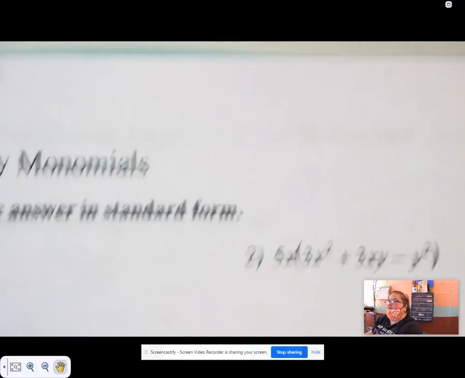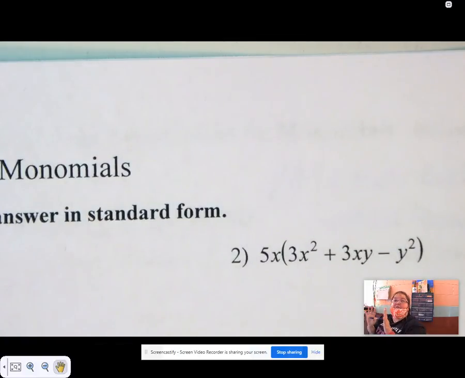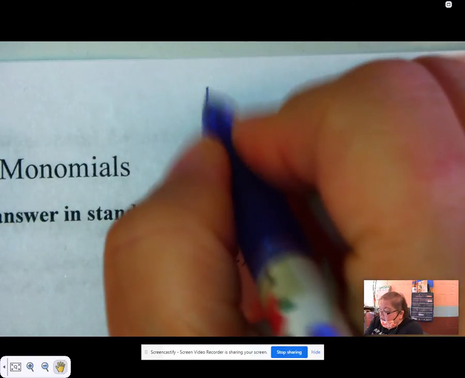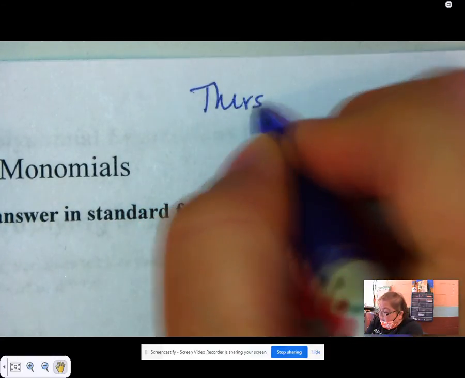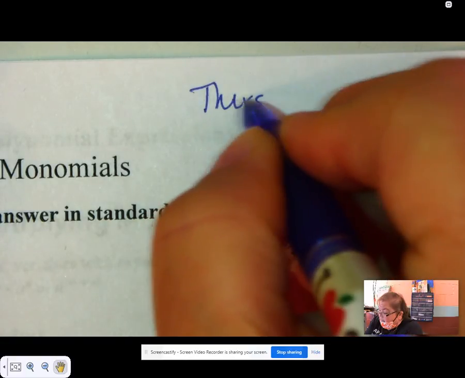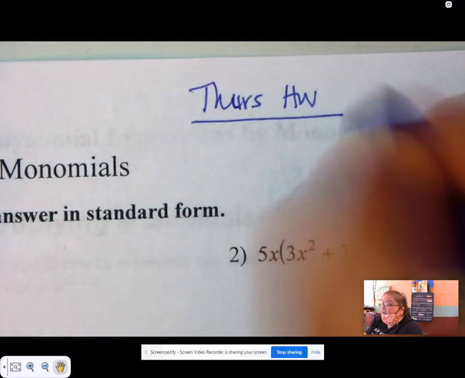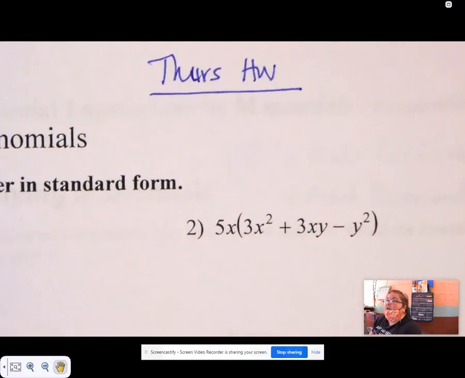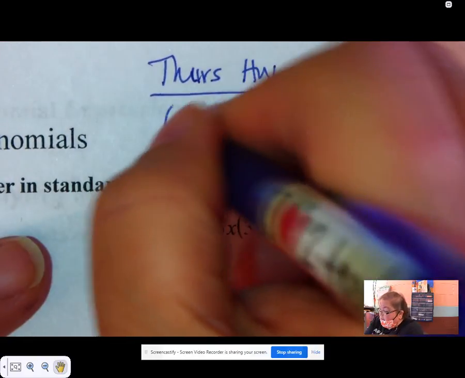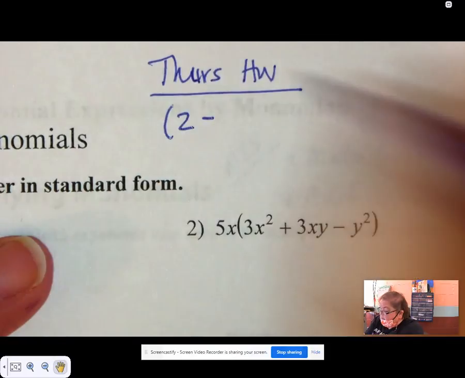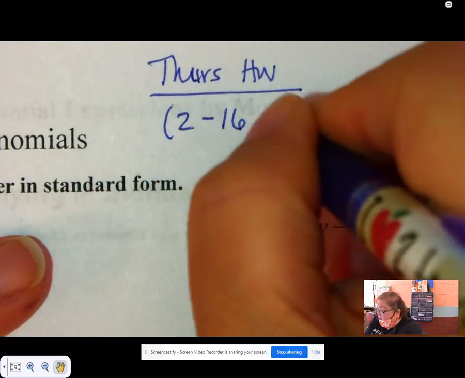Here is your actual homework. Now, this is a little different this week, so write this down, please. This is Thursday homework. You actually have Thursday homework. That's this. And you're going to do problems 2 through 16 evens.